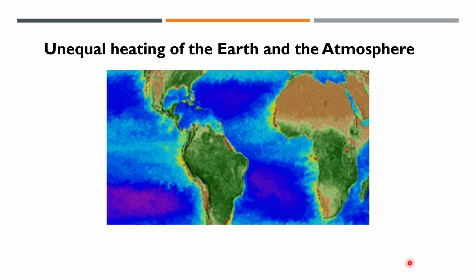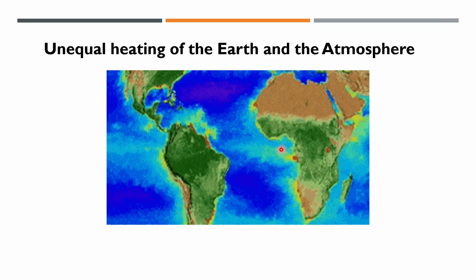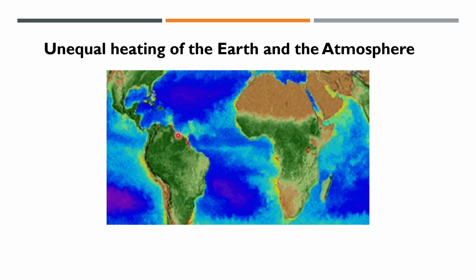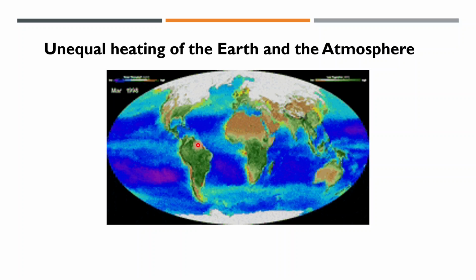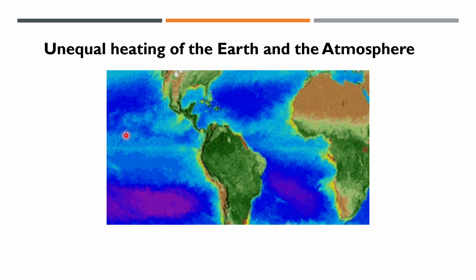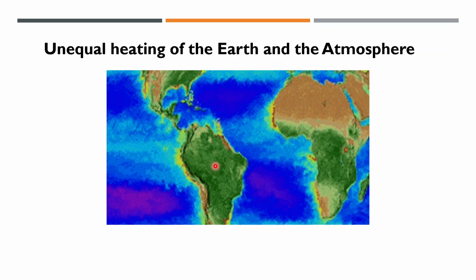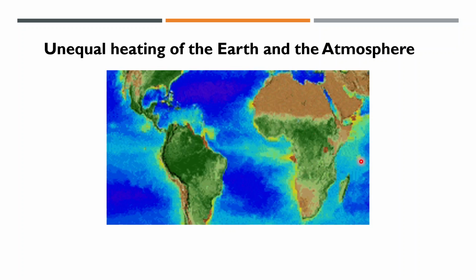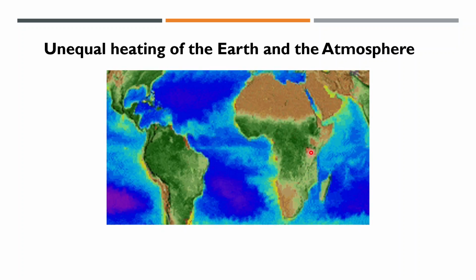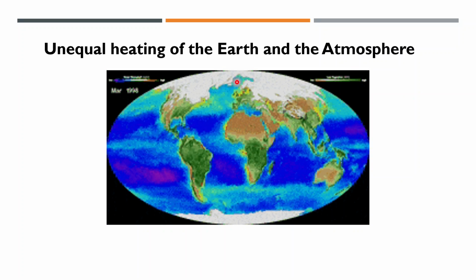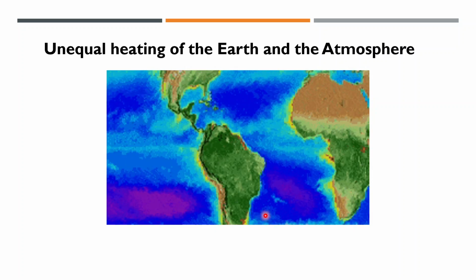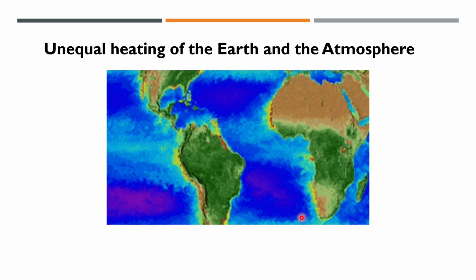If you look at this map, you will find that the entire Earth is unequally heated. The equatorial regions get the maximum heat from the sun, while the polar regions are the coldest.